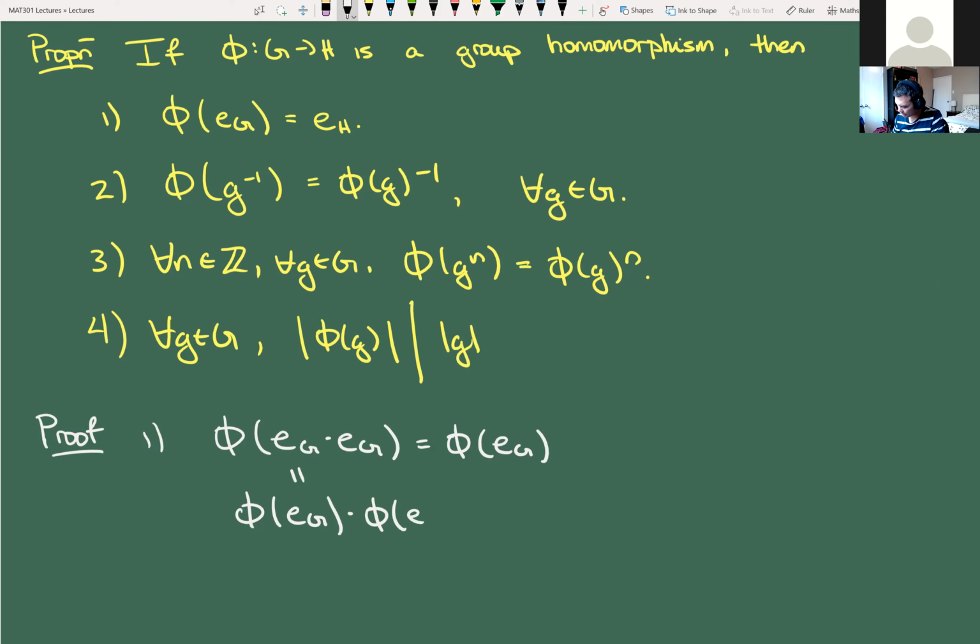And you'll notice that I am being a little bit lazy here, and I'm not tracking whether the operation is the G operation or the operation in the codomain. It's implied, it's the only operation that it could be in each of these cases.